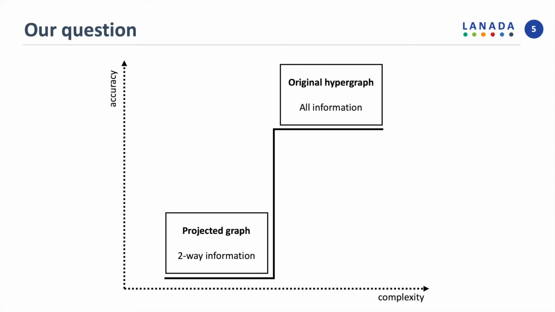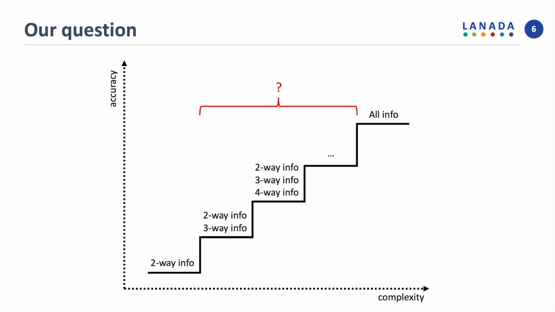And there is an accuracy complexity trade-off. Our question is what happens in between? For example, we can use three-way information, four-way information, and the more we use higher order information, we will get more accuracy with the cost of complexity.